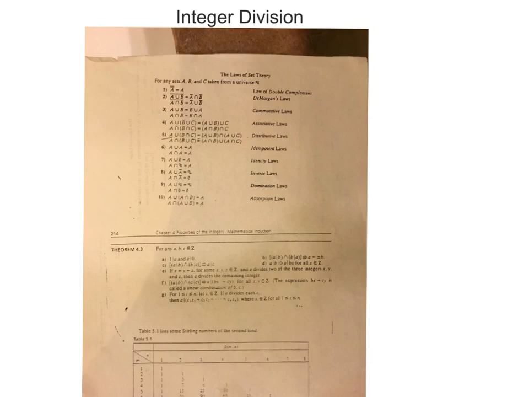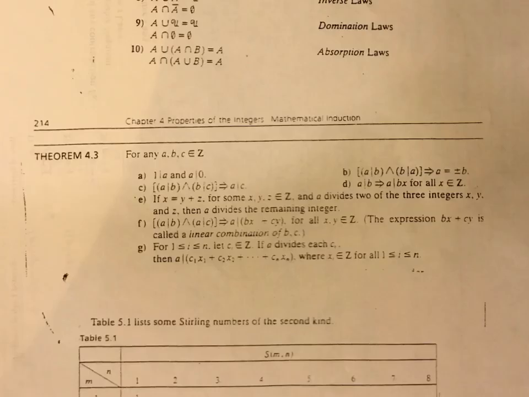We have a theorem that we will be using quite a lot. It's Theorem 4.3. It's on your handout here. We can take a quick look at some of these parts of this theorem, and it should be familiar because it's about division, which we are used to. The first part of the theorem says that 1 divides any integer a, and also all integers divide 0.